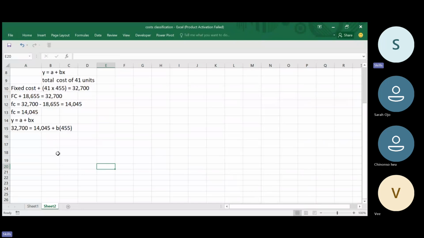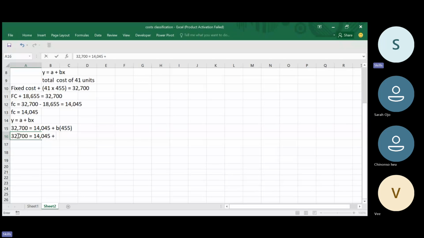So now to determine the variable units, we say 32,700 is equal to 14,045 plus b times 455.